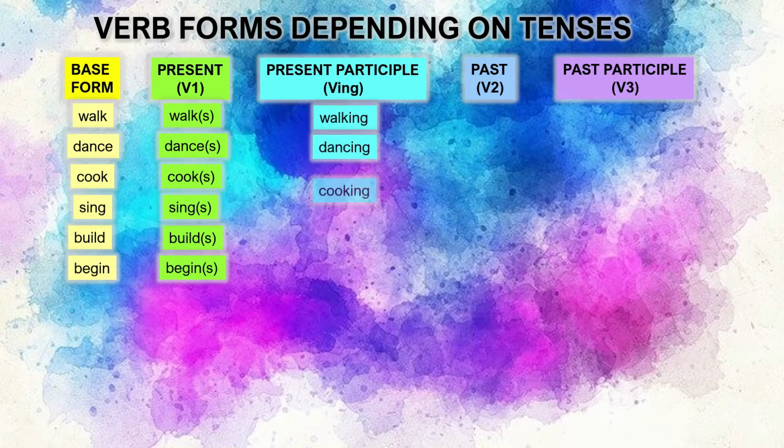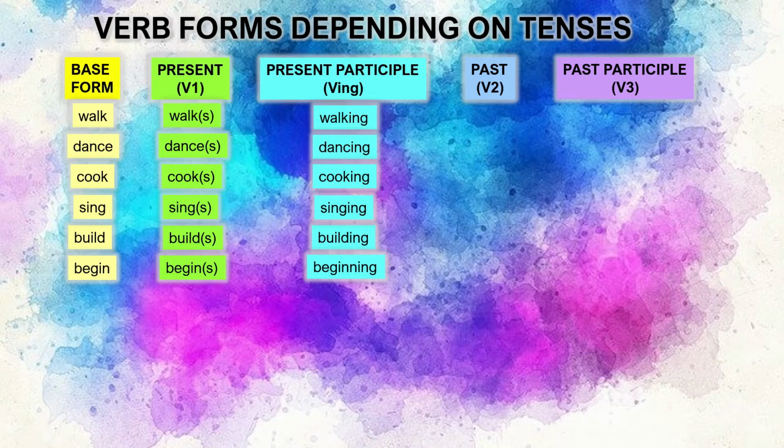And some verbs also end with the suffix ing. It's the present participle. You use this when the sentence is in the progressive tense, or maybe the continuous tense, like walking, dancing, cooking, singing, building, and beginning.